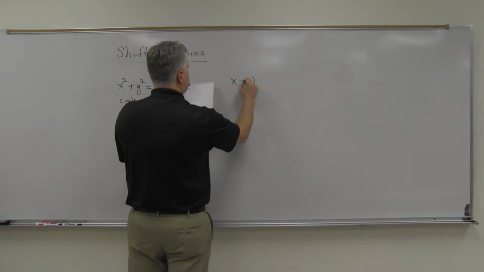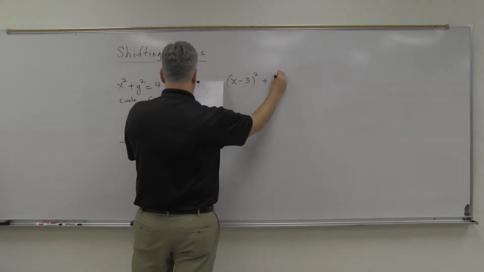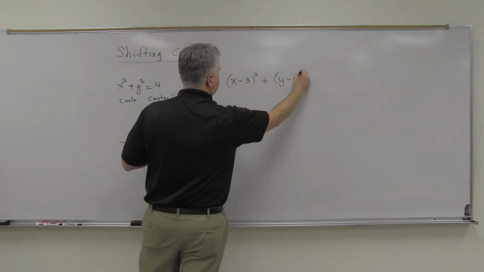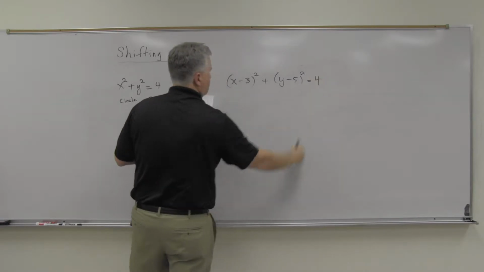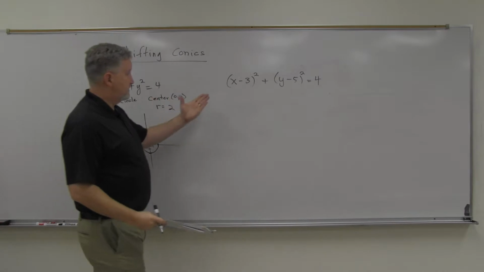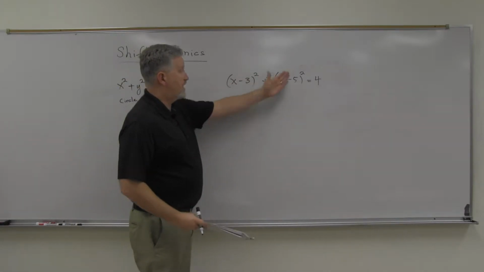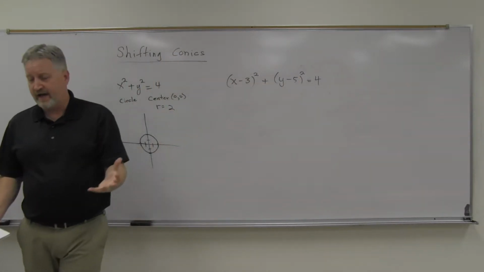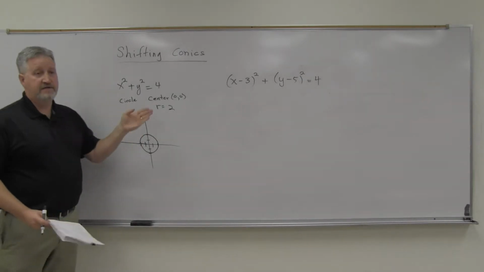Okay, so let's talk about this one. X minus 3 squared plus y minus 5 squared equals 4. So there we still have x squared and y squared. If I fold all that out, I would have the x squared plus the y squared.